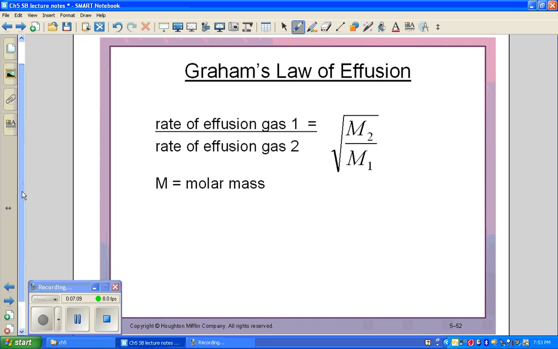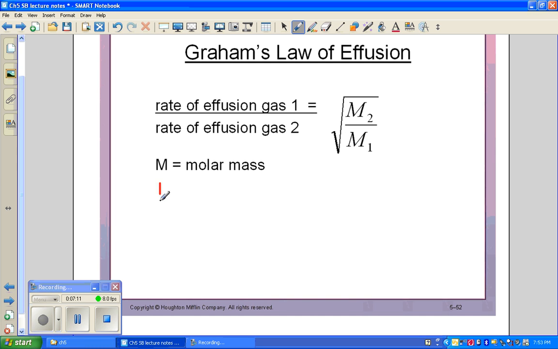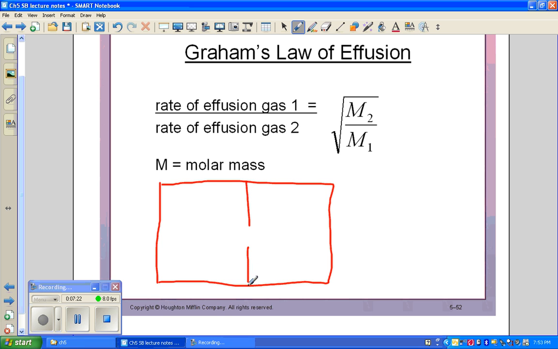So if we just draw something simple like you guys just saw in the last example, a very simple little chamber with an opening here, I'm going to put 2 gases into my chamber. One of the gases is CH4, methane gas. That's what we have in our Bunsen burners.